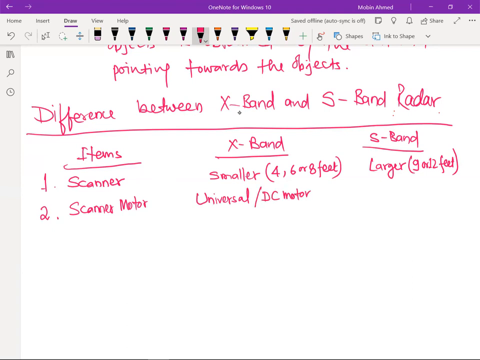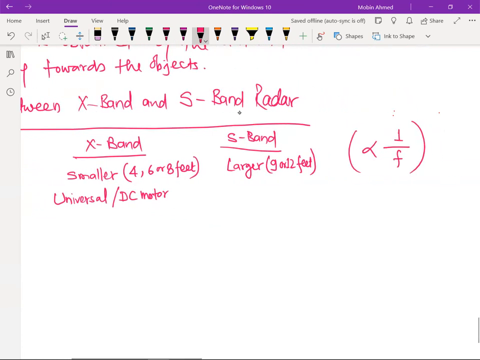A universal motor works on AC as well as DC. A DC motor will work only on DC. Nowadays you will find it is generally a universal motor. Whereas the S band is going to have a 3-phase motor.